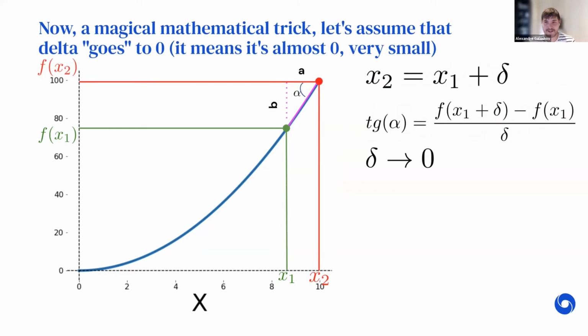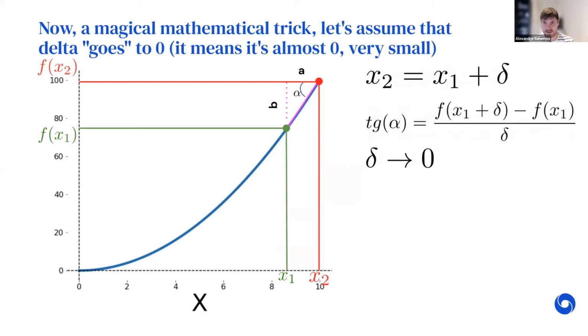But right now, let's do this magical mathematical trick and say that this delta is not just small, it's extremely small. In fact, we will say that it is infinitely small. So delta is not zero, but we say it goes to zero. Whatever small positive number you imagine, delta will be smaller than this number, like 0.0001.